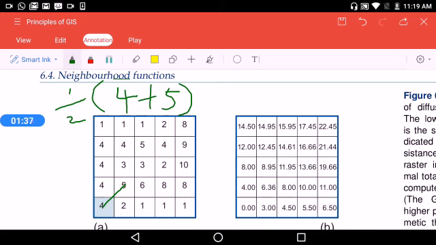But the distance is not counted as 1, it is counted as root 2, because it is a diagonally opposite cell.